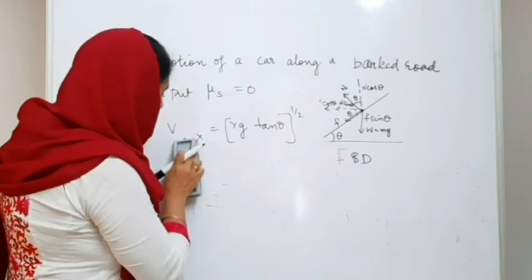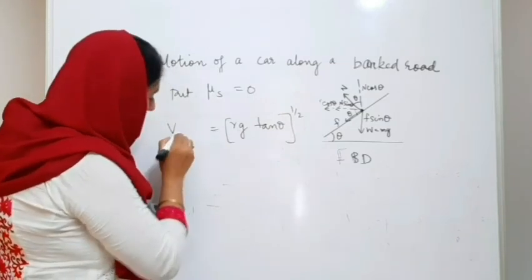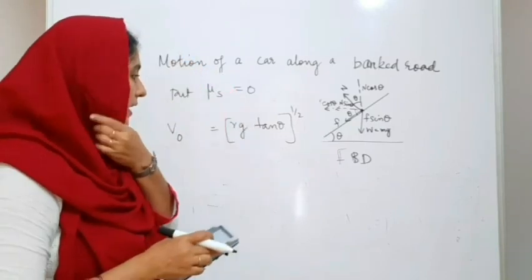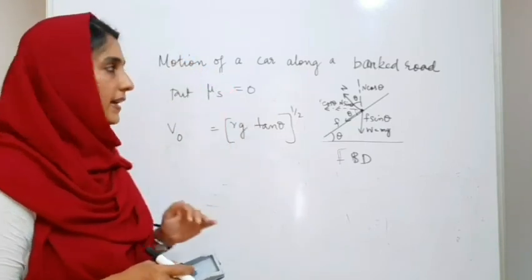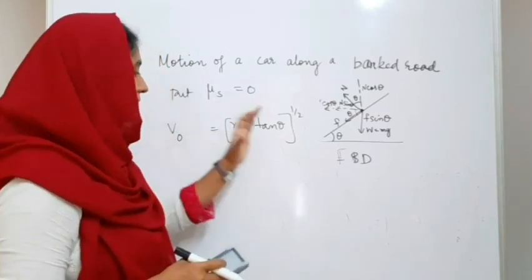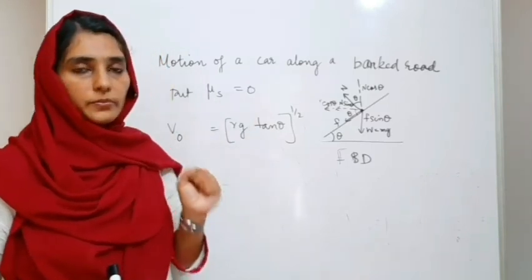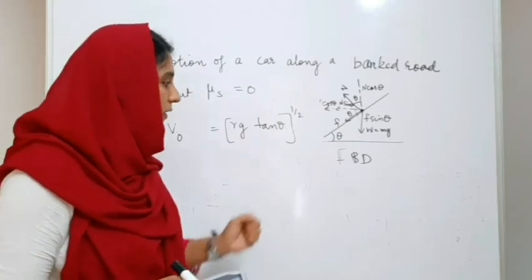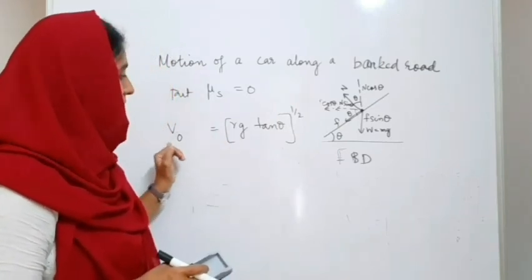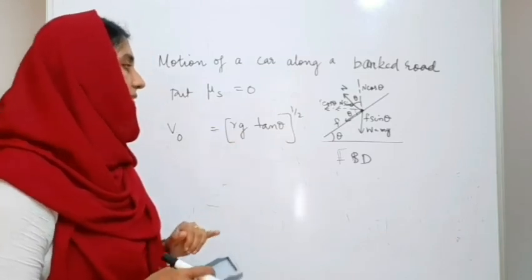This is known as the optimum speed, with which if a car moves, it causes minimal wear and tear, or the wear and tear can be reduced to a minimum. This is known as the safe speed or the optimum speed, and the expression is given by V O, optimum, equal to (Rg tan theta) whole raised to half.